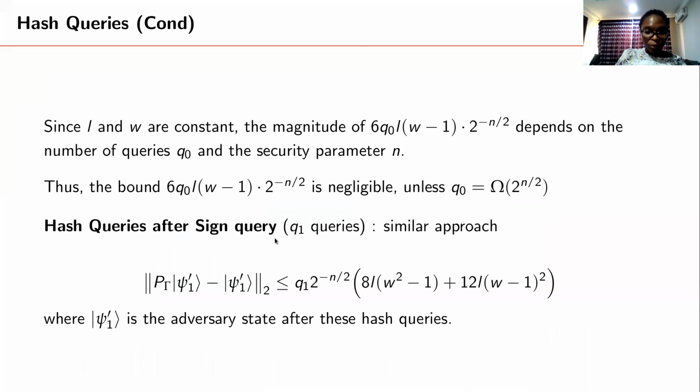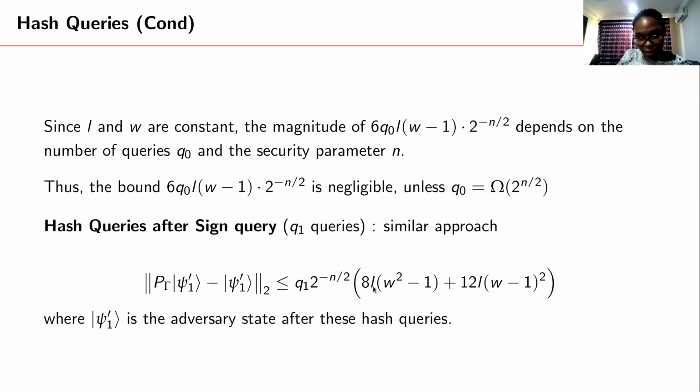When we do those computations, we come out with this bound, this Euclidean distance that is equal to this number. In this expression, we can also see that in the case of hash queries, we suppose that the adversary makes Q1 queries.